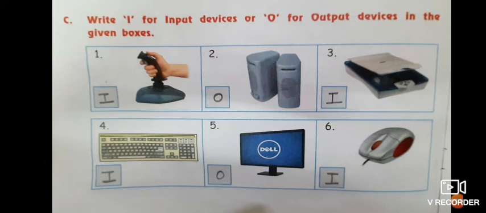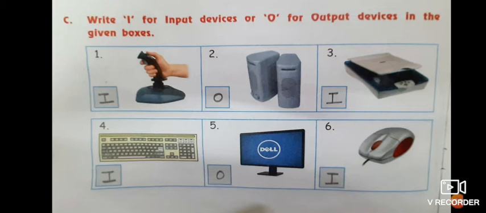Next C part on the same page. Write I for input device and O for output devices in the given boxes. So first you can check the picture. It is a picture of joystick, which is an input device. So write I. Second, this is a picture of speakers.